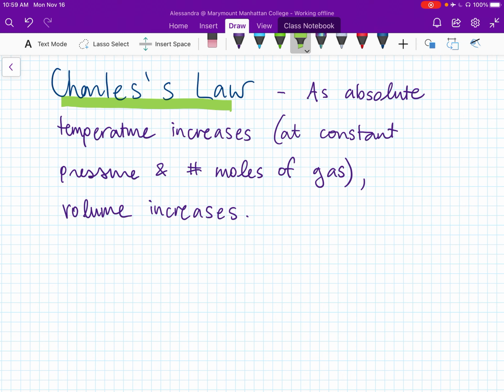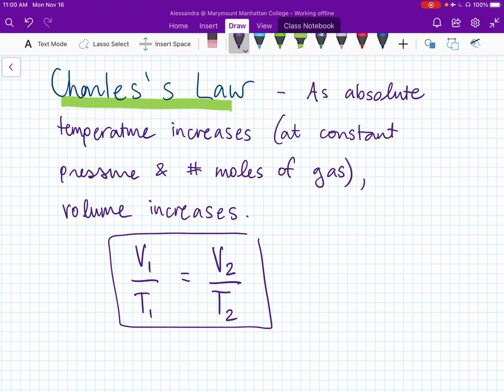So this is a direct relationship. As the temperature increases, the volume increases too. So the mathematical equation to express a direct relationship like that is going to be V1 over T1 equals V2 over T2. So this is the mathematical expression of Charles's law.